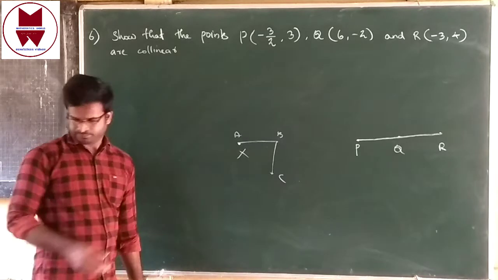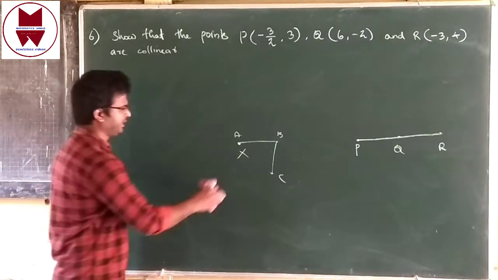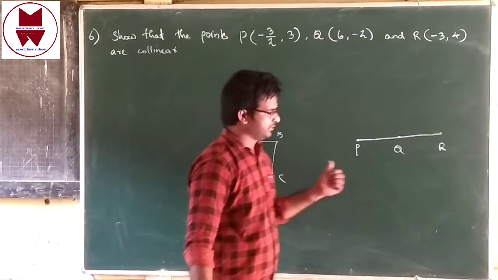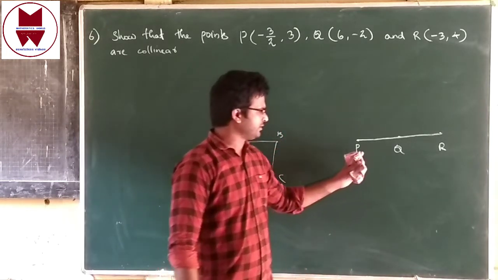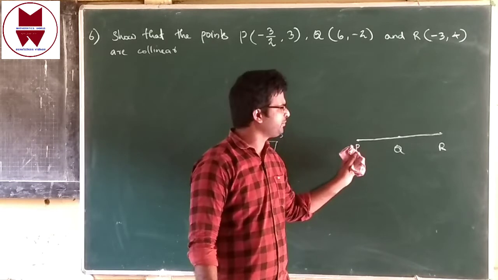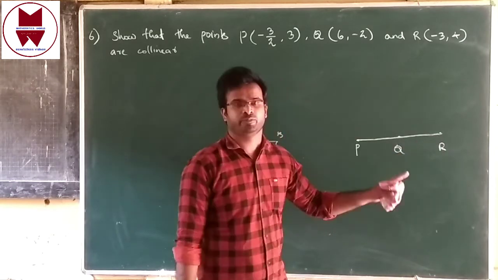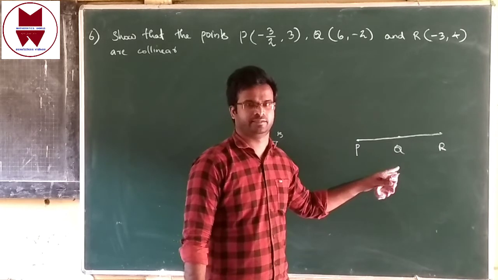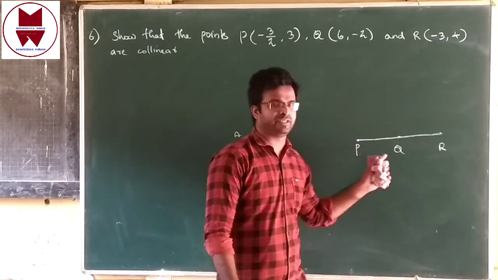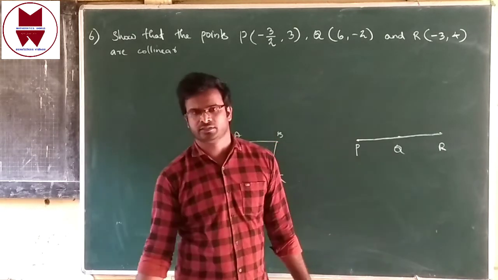Then how can prove given points are collinear? Then look, these points are collinear. Using by these 3 points, can you make any triangle? Sure, you cannot make any triangle, isn't it? Then you cannot make triangle means area of triangle will be 0, isn't it?